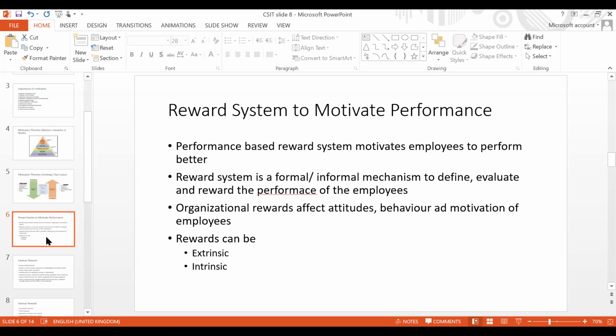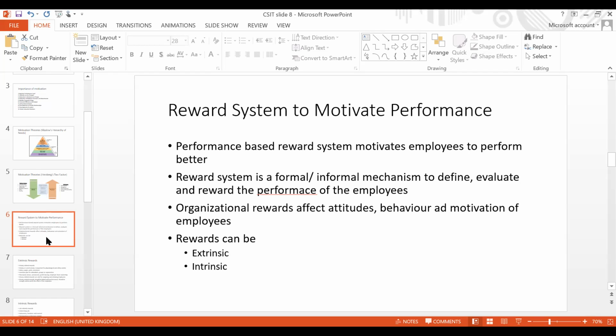So whenever you are doing this reward thing, then you have to define the performance. यसरी performance गर्नु पर्छ भन्ने you have to have certain benchmarks, certain targets दिएर you define the performance. Then you evaluate how people chase those targets and meet those targets, and how people perform, and accordingly after evaluation then you have to reward them.